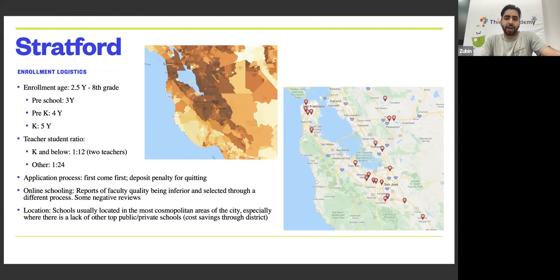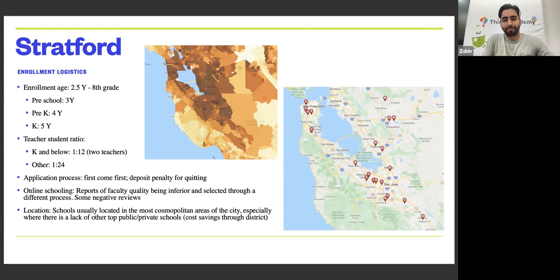The location, if you're an early parent, so when I say early, I mean a younger parent, say you have just moved into the Bay Area and you haven't even decided your living situation right now, but you want to plan ahead, and obviously schooling is one of the most important decisions you'll take while buying real estate.